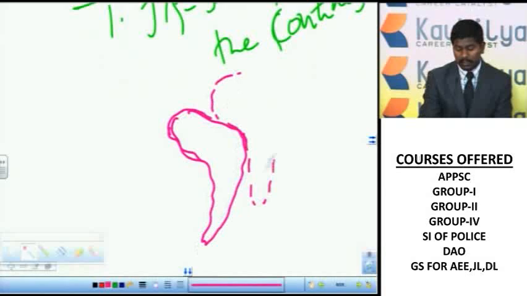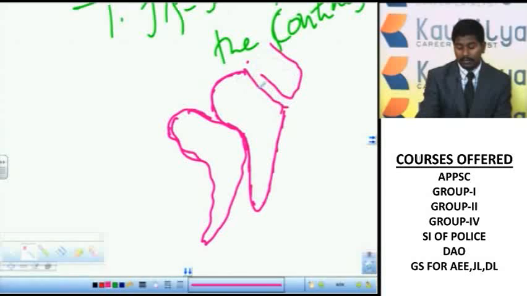So these two continents seem to have coexisted together in the historical past. And this Arabian Peninsula today seems to have coexisted together with the African part. So this is called the jigsaw fit of the continents.